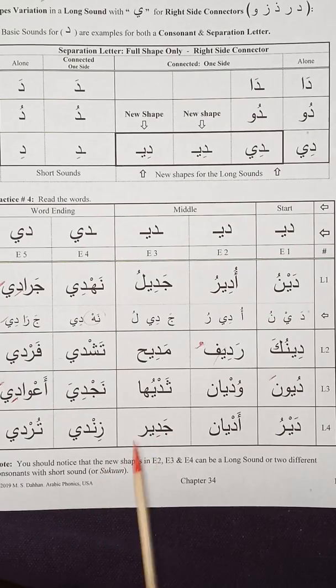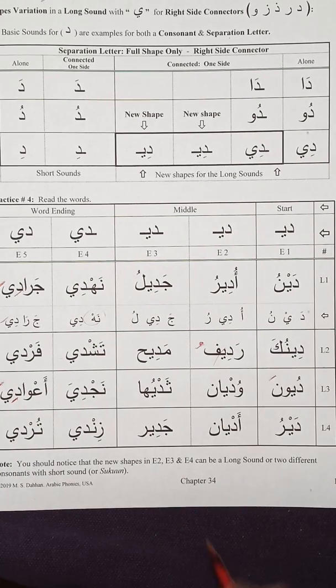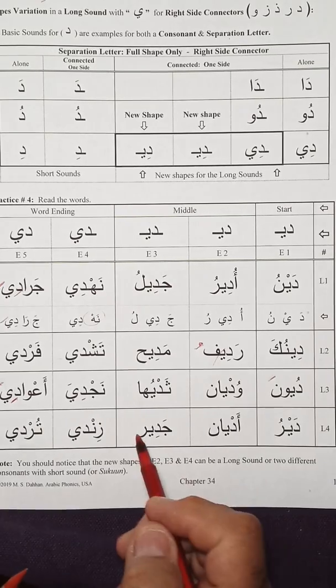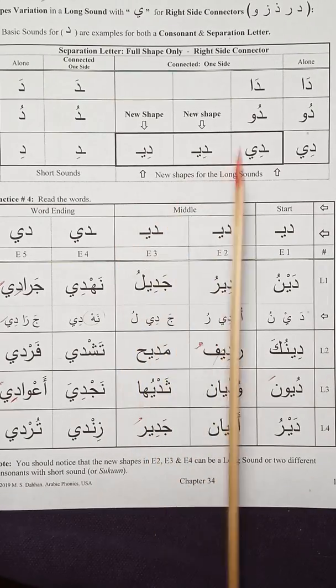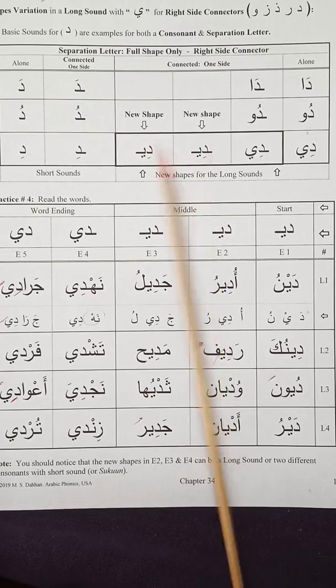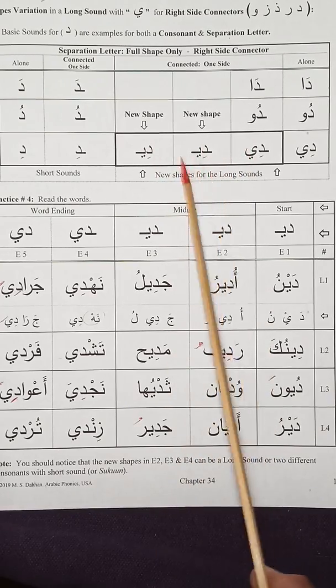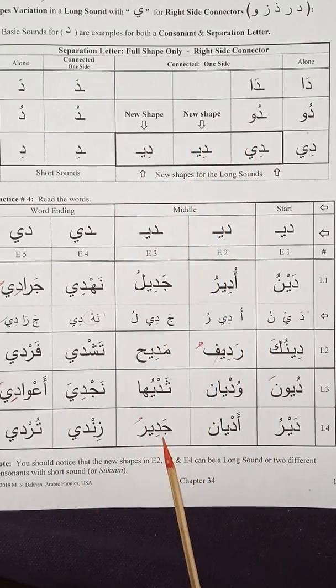Right here, jadiru. Jadira. Let me put this one here so you can see ja D. This is a long sound. This one here is exactly like this one right there. Each of them is connected. Ja di ru.